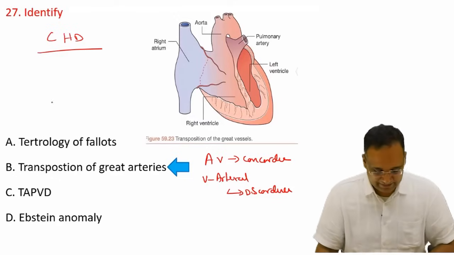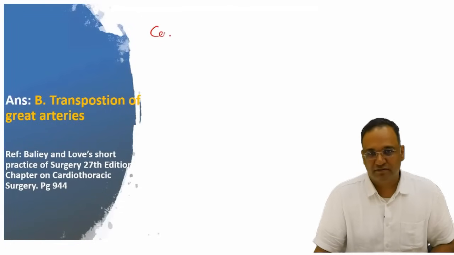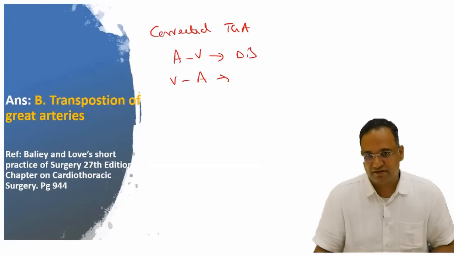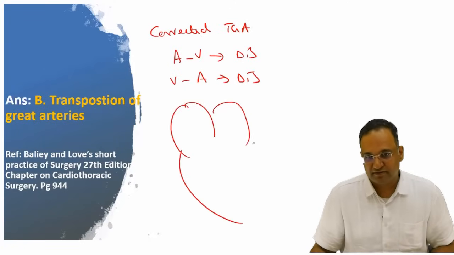There is something called corrected TGA, where there is atrioventricular discordance and ventriculo-arterial discordance. That means, see this. This is corrected TGA. You should know this also.